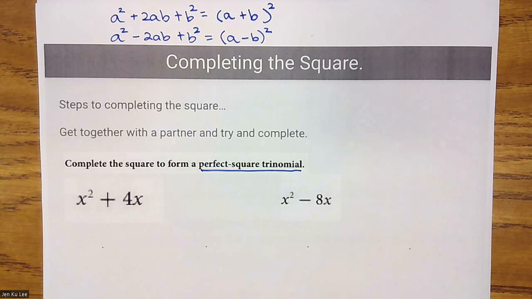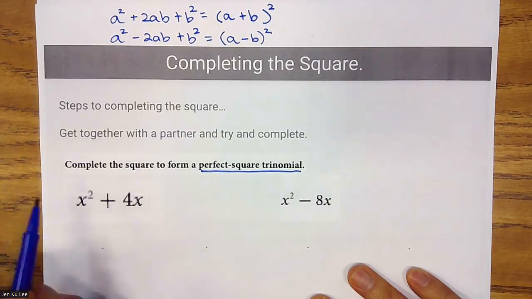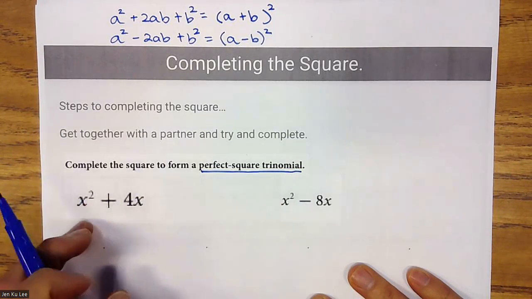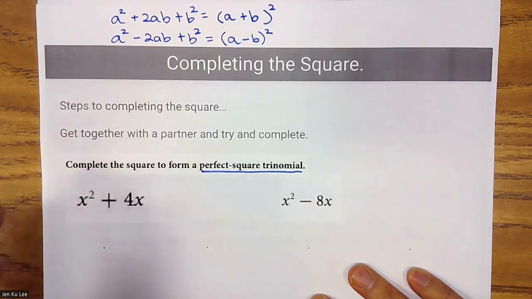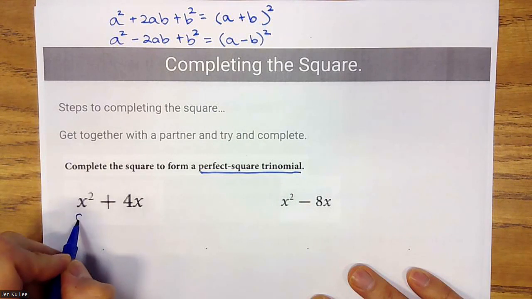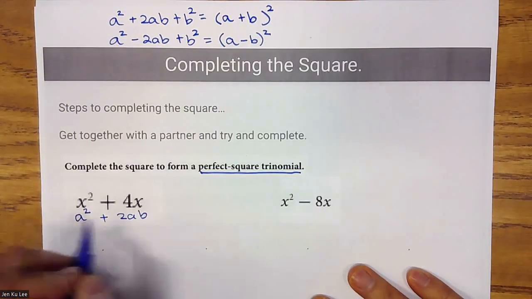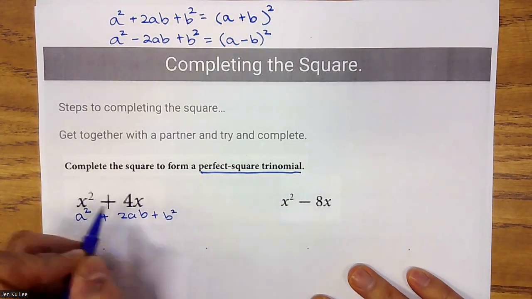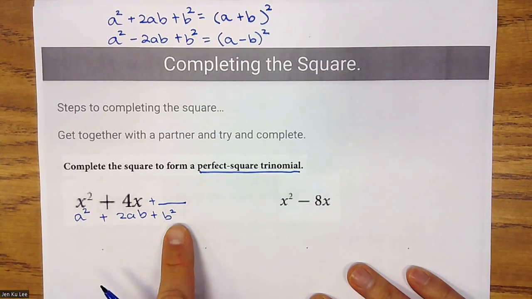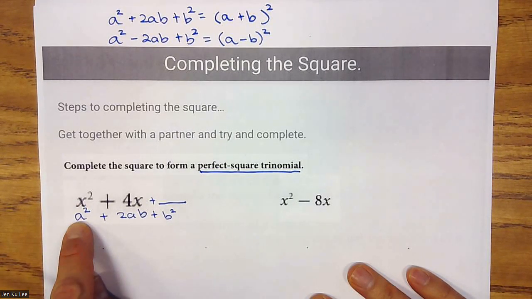Okay, so to complete the square to form a perfect square trinomial, we're given x squared plus 4x as our problem, and we have to build this left-hand side of the equation. You can think about this being a squared plus 2ab. So we have to find my b squared. So plus blank, to figure out my b squared. I know my a equals x, right?